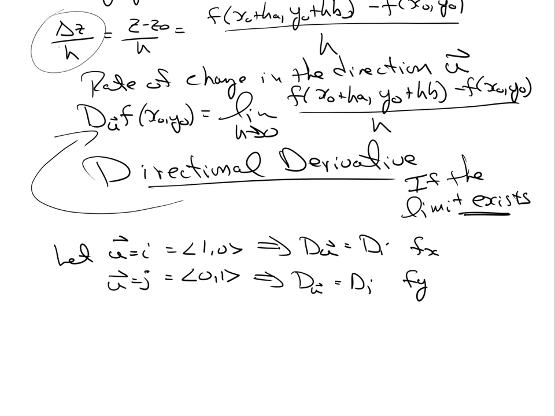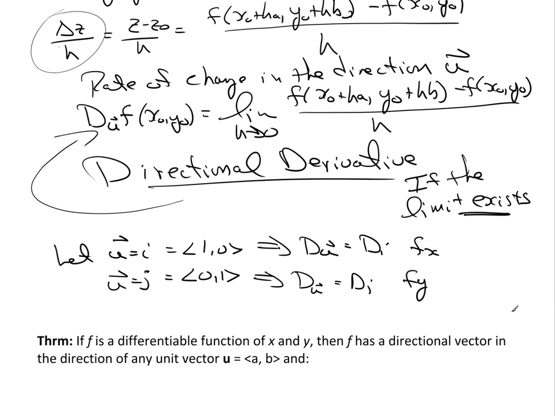So let's wrap this up with a quick theorem here. If f is a differentiable function of x and y, then f has a directional derivative in the direction of any unit vector u, which equals (a, b). Again, I'm specifying u as being some type of unit vector here. And we can find that by D sub u f of (x, y).